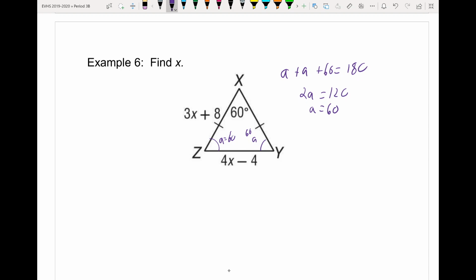It's equiangular, also implies equilateral. Why would they put that? Because they wanted to force you to do that process. Can you figure out that it is equilateral based on the information given? That's why they put that.